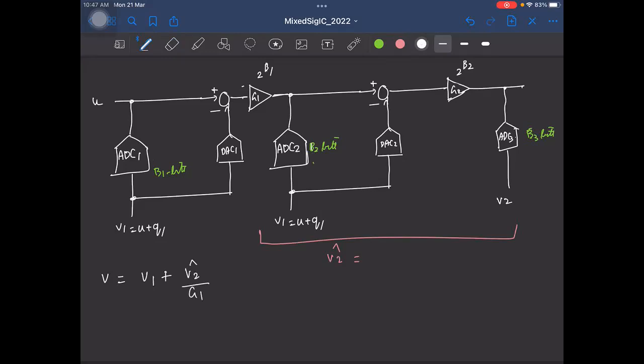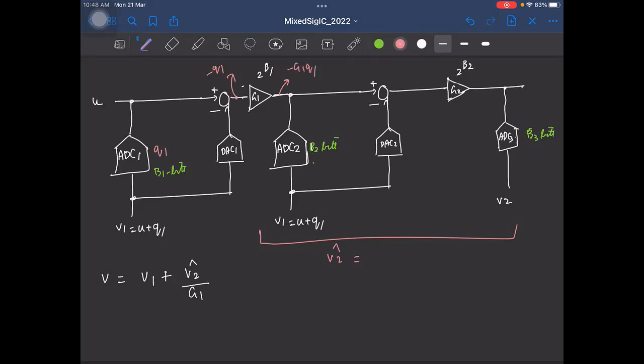But now what is V2 hat here? You just zoom into this ADC and see. What is the input here? If I call the quantization noise associated with the first ADC as Q1, what is this? Minus Q1. So this is minus G1 times Q1.